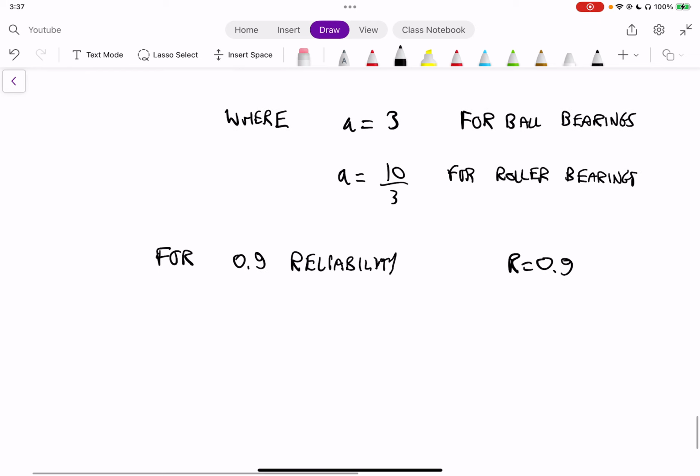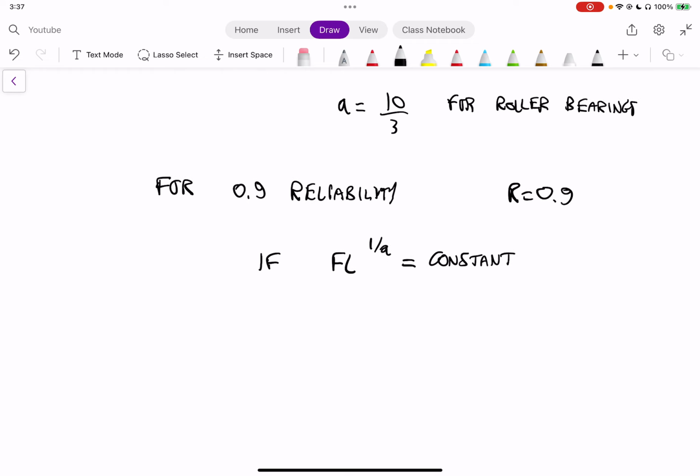We can say that if F times L to the 1 over A is equal to a constant, then we can start solving for different reliabilities or different forces if we wanted to.